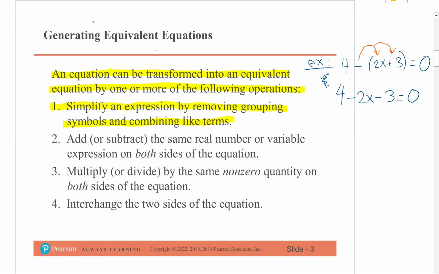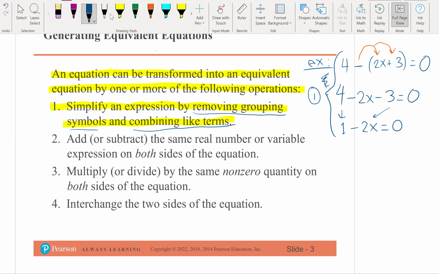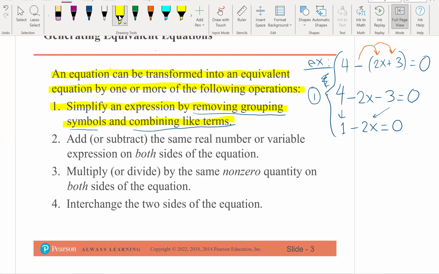I removed the grouping symbols, but now I should still combine like terms. There are some like terms on the left side of the equation. 4 take away 3 is 1. Then I have that minus 2x that doesn't have a like term to combine with. So that's what they mean by remove grouping symbols, combine like terms, if necessary.